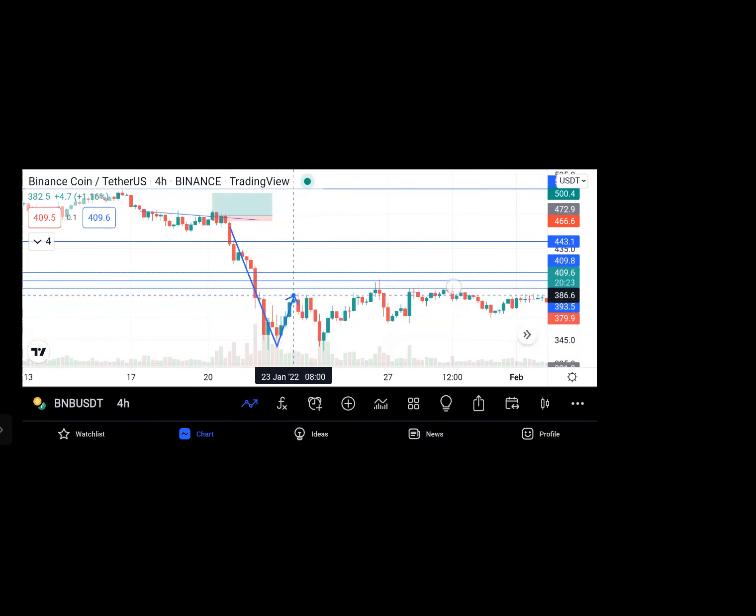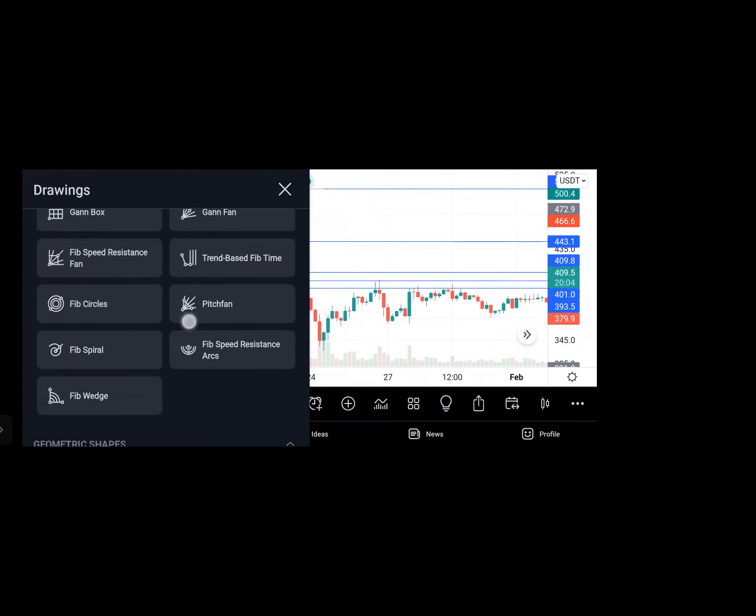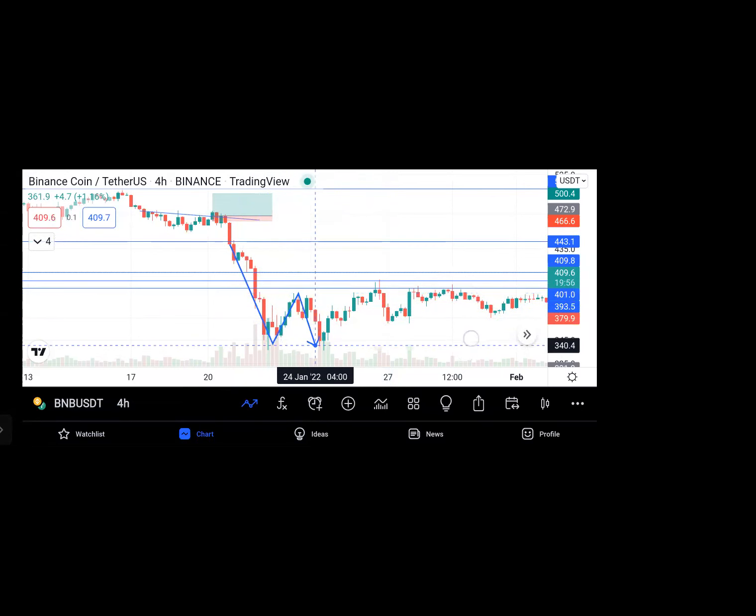Left shoulder here, head here, and right shoulder, and we couldn't break it.